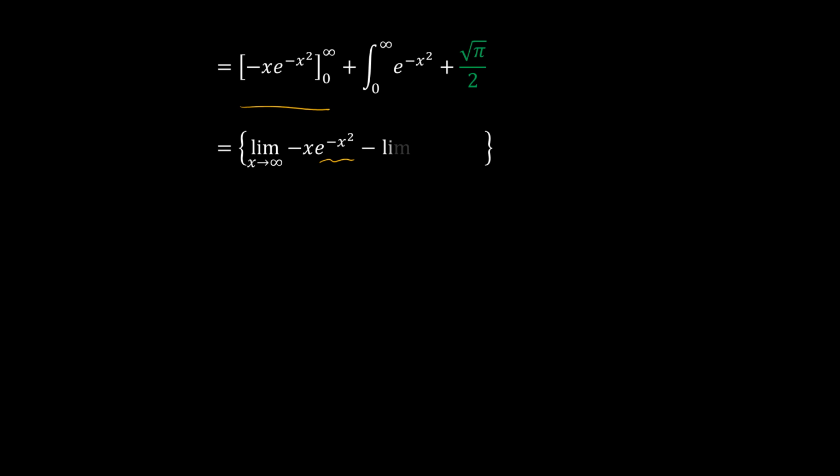The next thing is we have to deal with this part here, where we have to look at the limit as x tends to infinity on the upper side and as x tends to 0. As you see, as x tends to infinity, this part tends to 0.